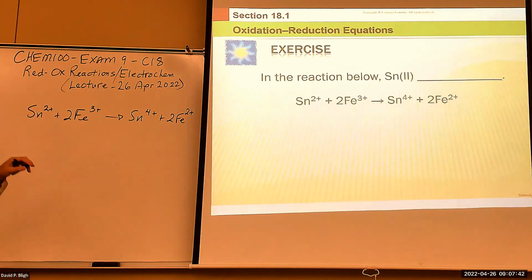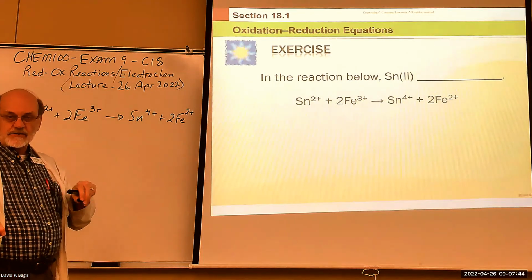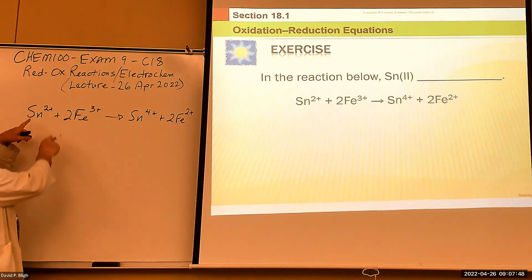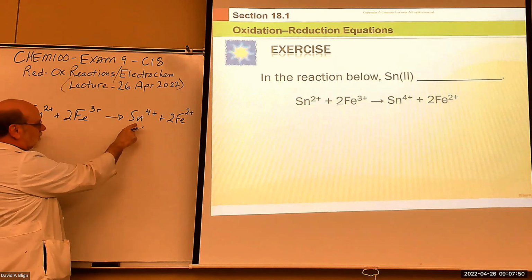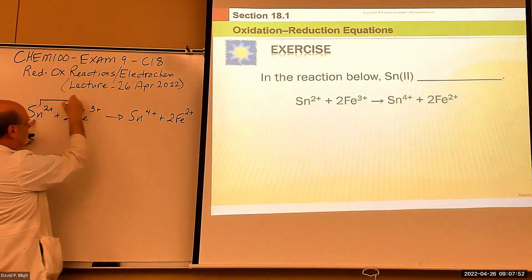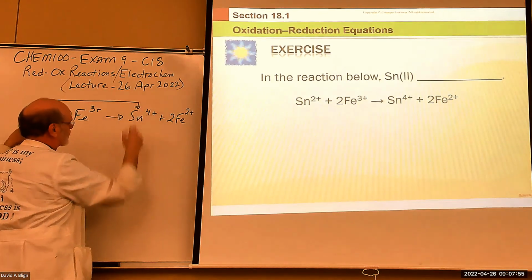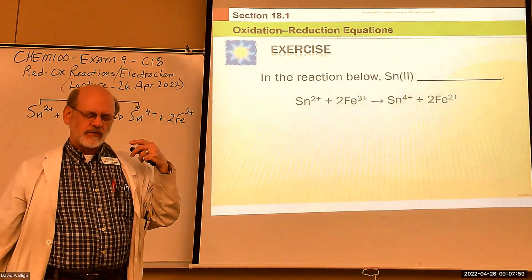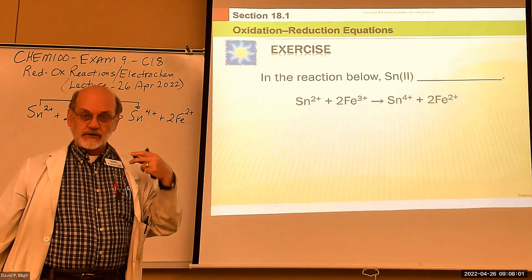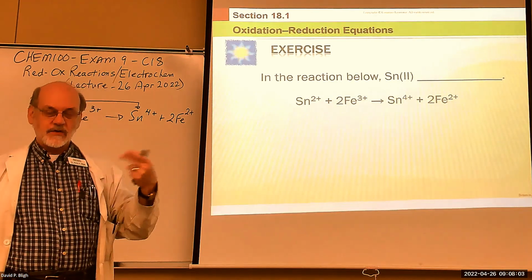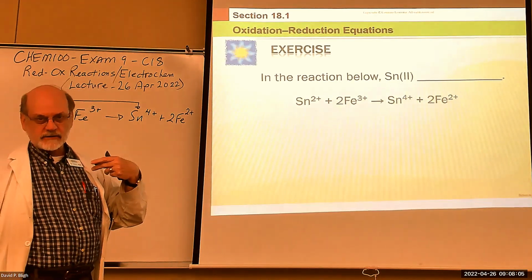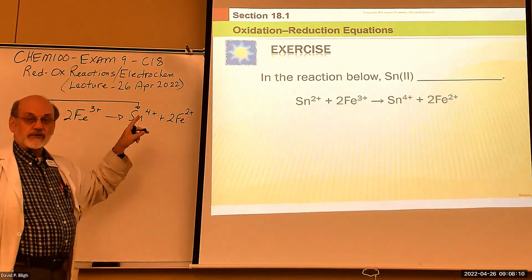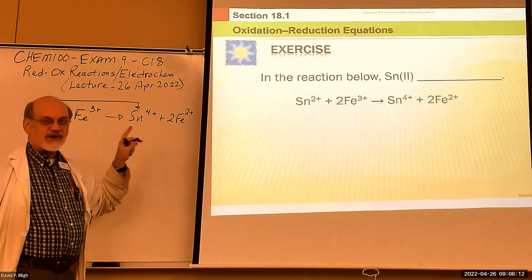Okay, so the way I like to diagram these things is to show the path of the electron transfer. If we're going from this tin to that tin, how did we get there? Remember, anytime you create an ion, you do it with electrons. You either add electrons or lose electrons. So if we're going from a 2+ to a 4+, we had to lose 2 electrons, 2 negatives.